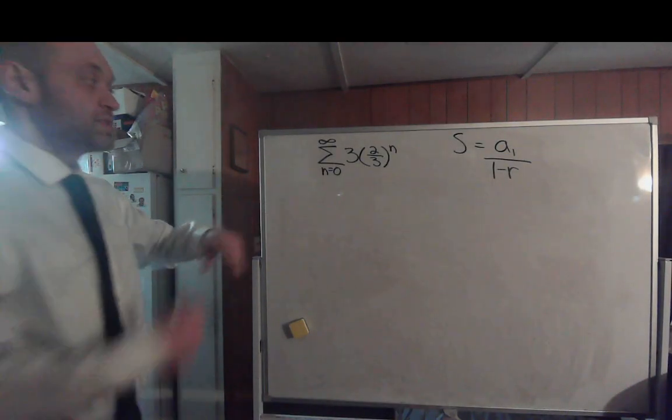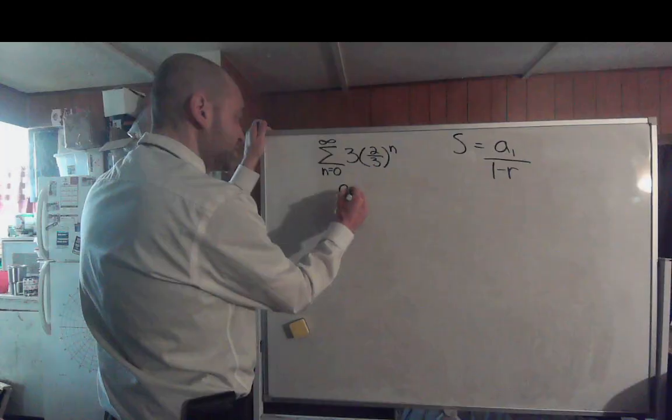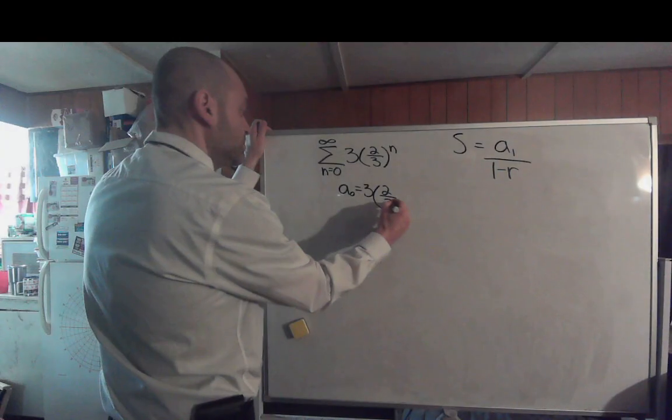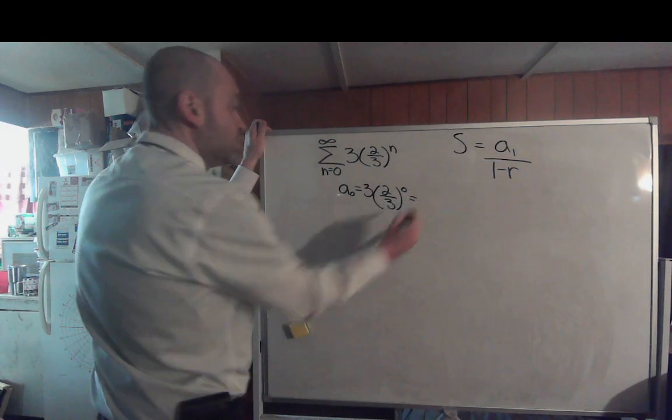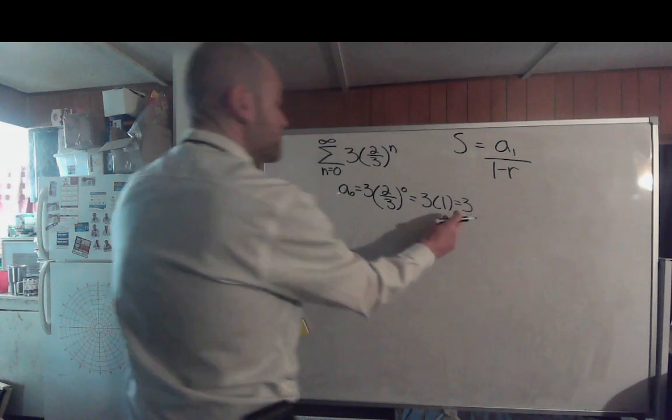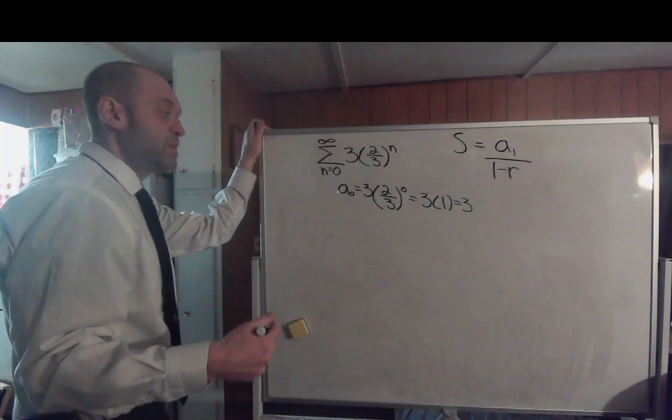So we're starting with the 0th term again. Let's find a sub 0. That would be 3 times 2/3 to the 0 power, which would equal 3 times 1, which is 3. So your first term is 3.